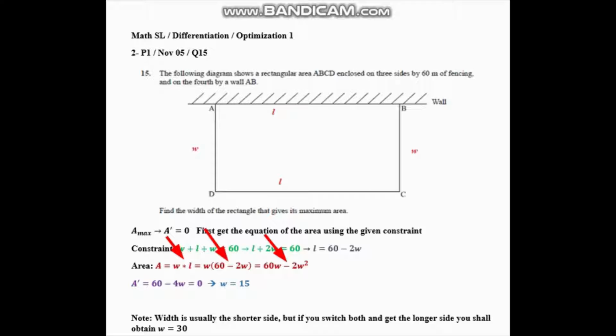Now, given this area, I can easily get the maximum area by getting A dash and setting it to 0. So A dash should be the derivative of the red function, which is 60 minus 4W, which is equal to 0. Hence, solving this equation, I get that W equals 15.